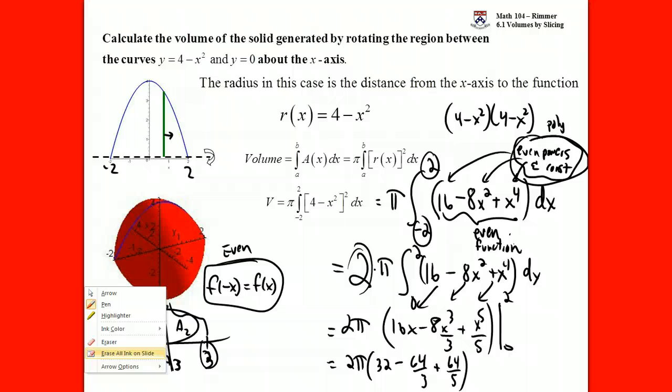It was that in the end, whatever we were integrating was even. Our setup was not even at all. That triangle is not symmetric with respect to the y-axis by no means. It was in the end, your actual integration was of a function that was even.